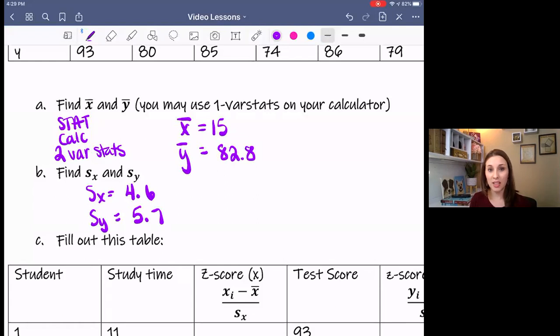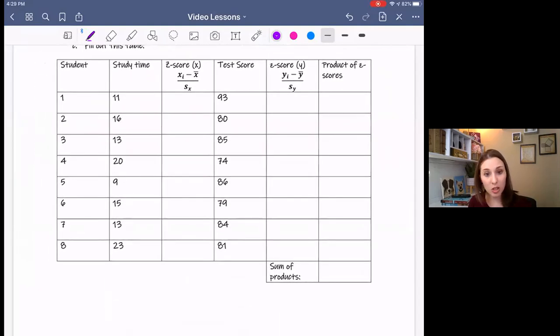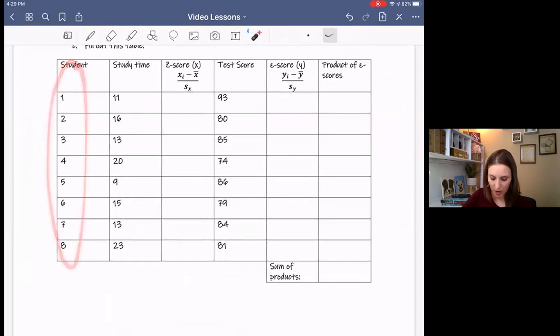We're going to be finding the z-score of each x value and the z-score of each y value. I have created a table for this because it's more organized. I have each student here, there's 8 students.